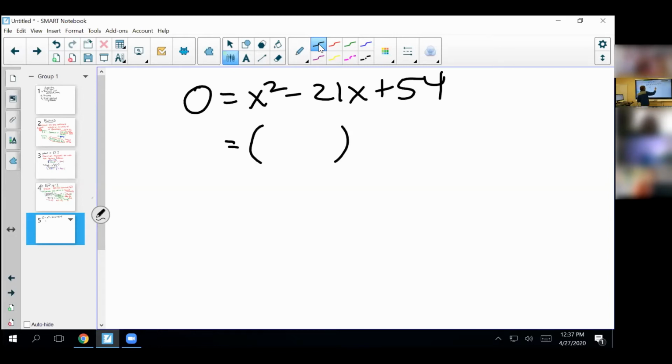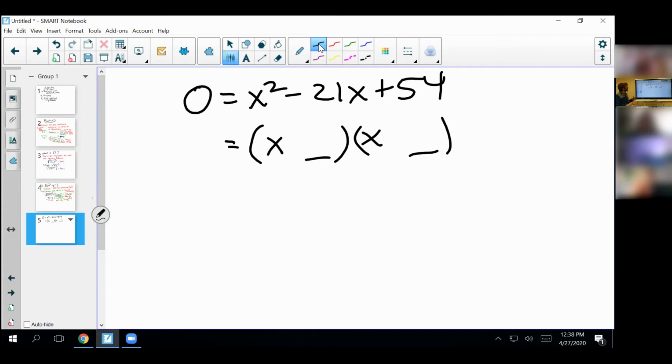If you want, you can do the quadratic formula. That never hurts. This one does factor, though. You see how it factors? I mean, 54, the first thing I think of, so we want two numbers that multiply to 54 and add to negative 21. The first thing I think of is 9 and 6, but that doesn't quite work.